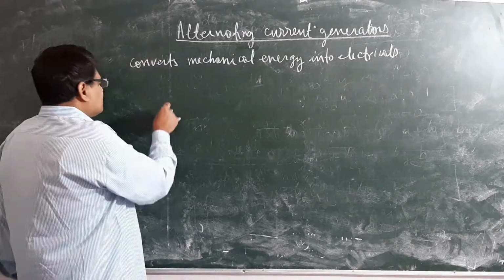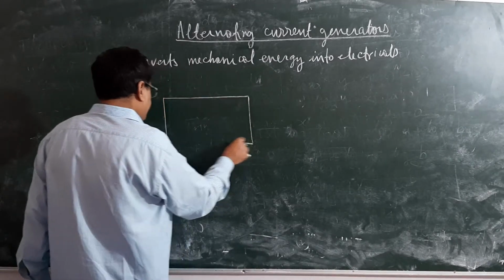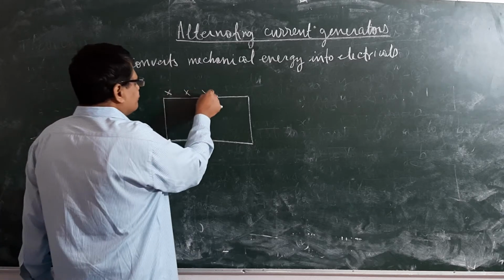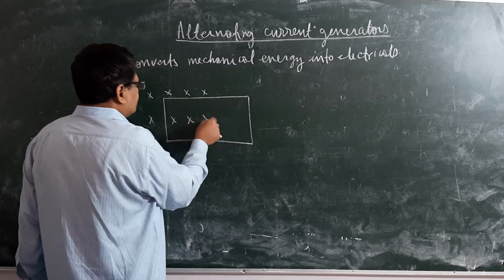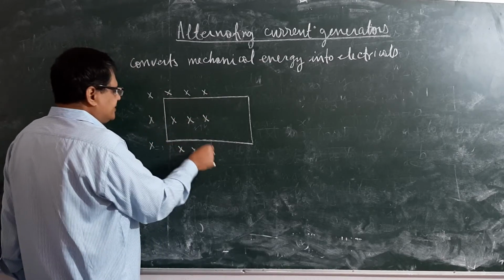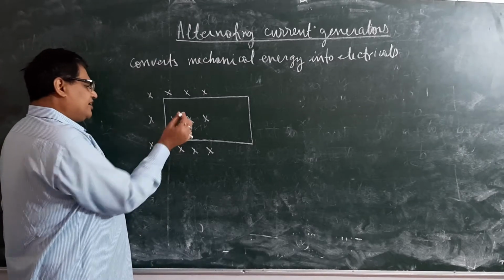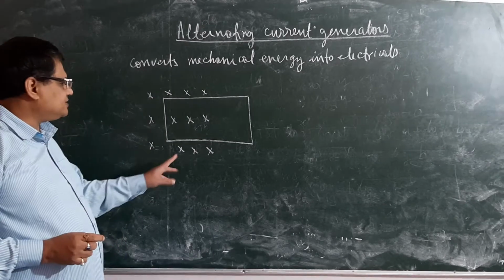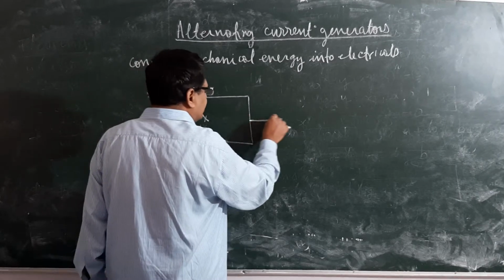Suppose there is a coil. So this is a closed coil, and this is the magnetic field. The cross sign indicates that the magnetic field is inside the plane of the board and perpendicular to the board, and this coil is on the plane of the board. Suppose we pull it like this.